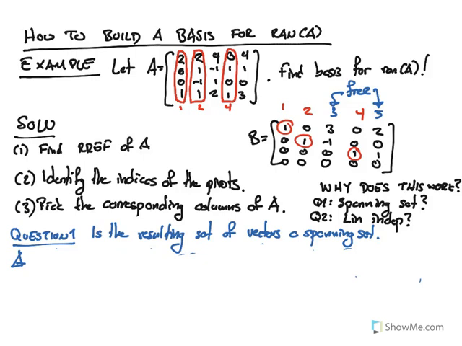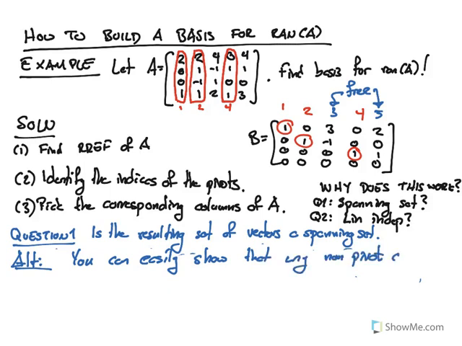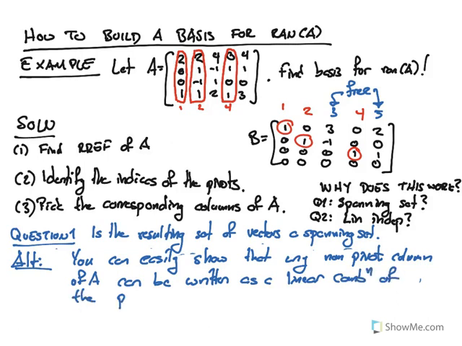So alternatively, you can easily show even that any non-pivot column of A can be written as a linear combination of the pivot columns.